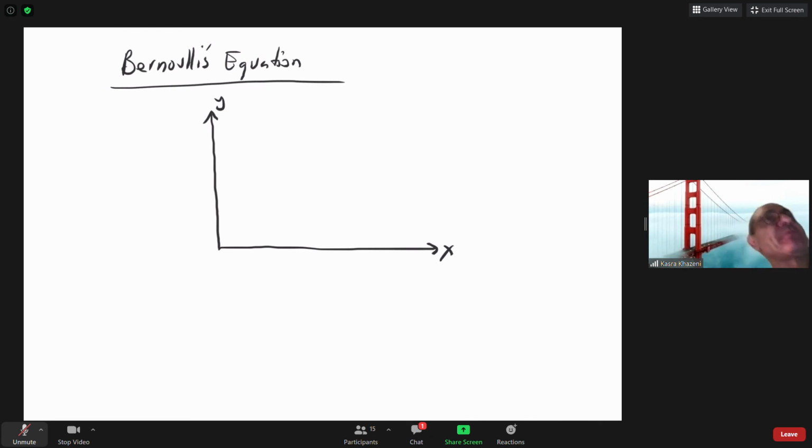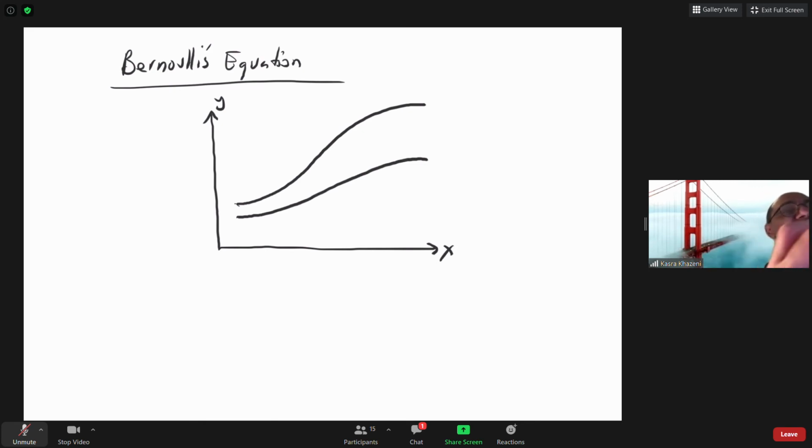So let's hypothetically have some pipe in this XY coordinate, where of course y is the height.